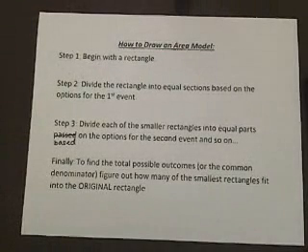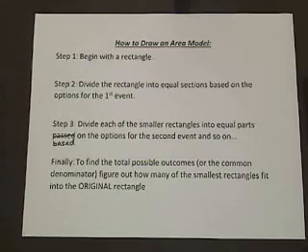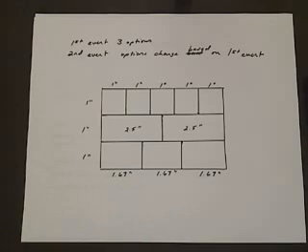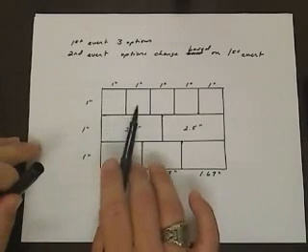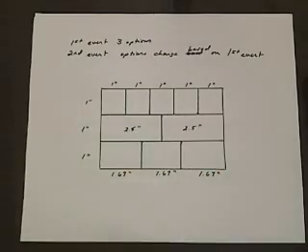And then finally, to find the total possible outcomes or the common denominator in your probability, you need to figure out how many of the smallest rectangles fit into the original rectangle. So the best example I have here is that there are 1, 2, 3, 4, 5. That's the smallest rectangle I have.